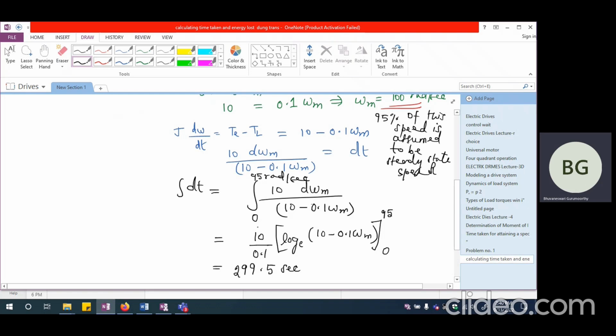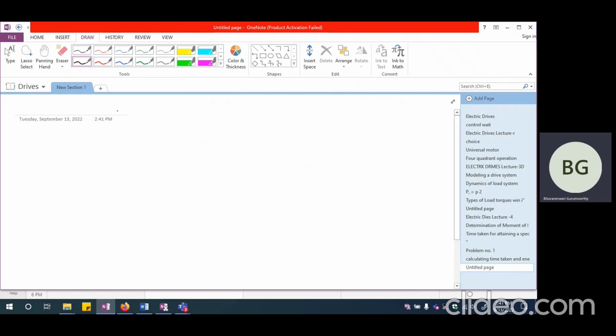But rather than assuming the steady state speed to be 100% value, we can take approximately 90 or 95% value, which is almost getting there, so that you get a finite value as the answer rather than getting infinite amount of time.